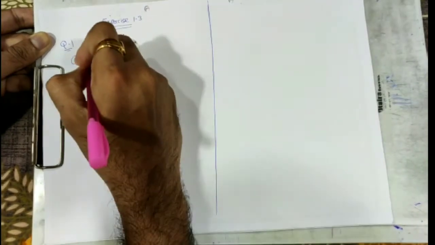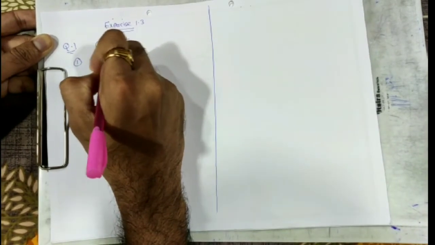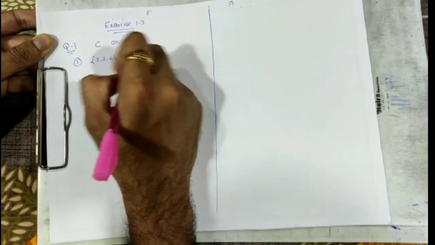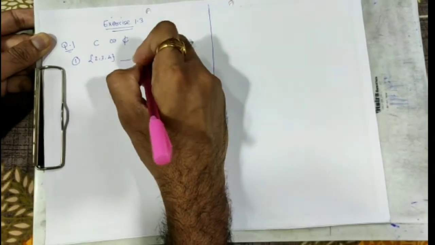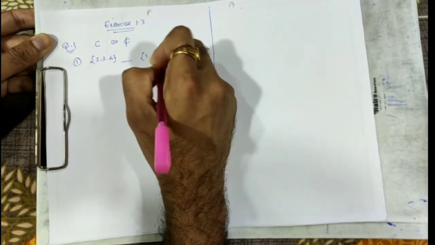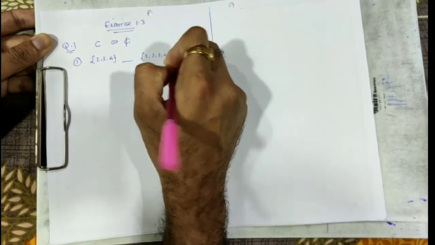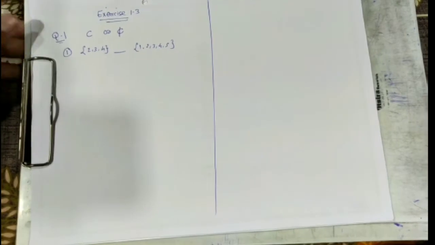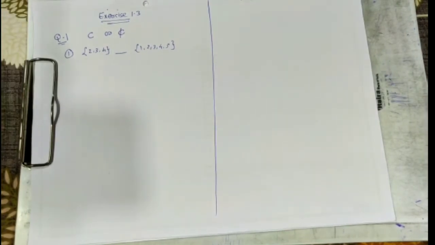We are given the set {2, 3, 4} and another set {1, 2, 3, 4, 5}. Yesterday we discussed that the subset symbol can be used to give the relationship between two sets when one set is a part of another set.